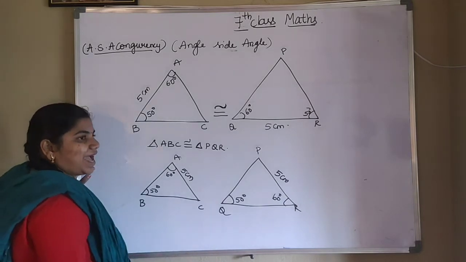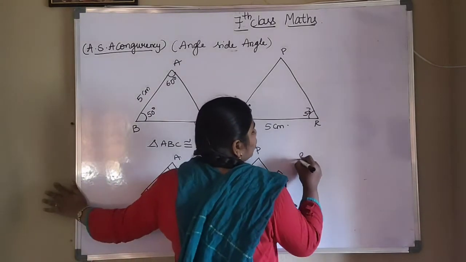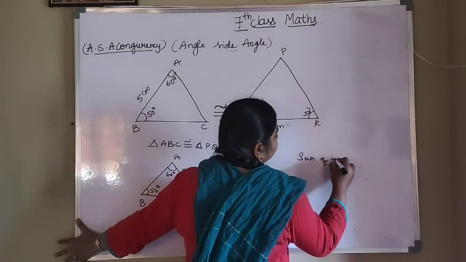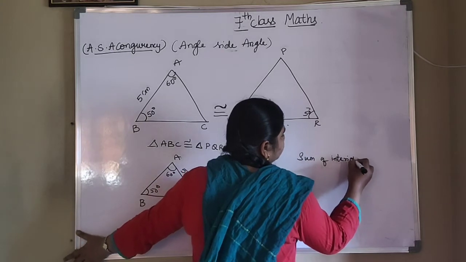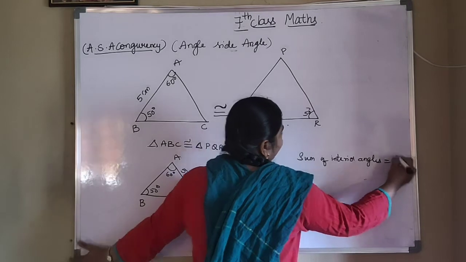By using the angle sum property. Already I told you the angle sum property. What is that? The sum of the three interior angles in a triangle will be equal to 180 degrees.